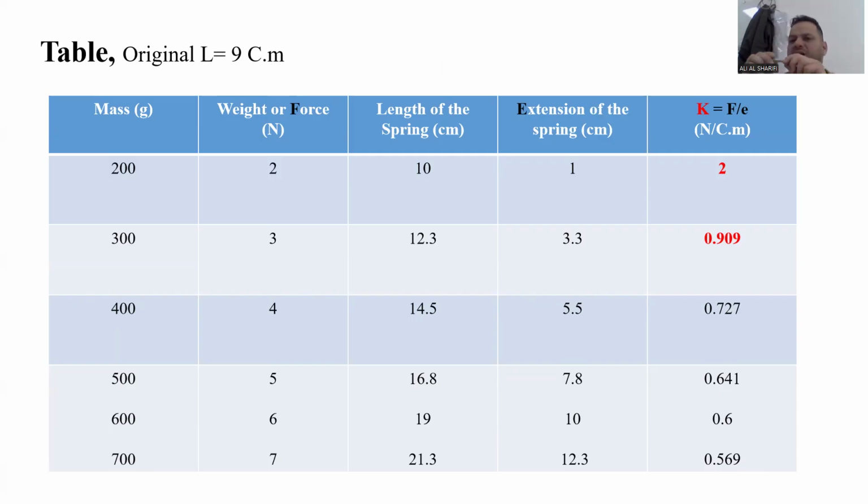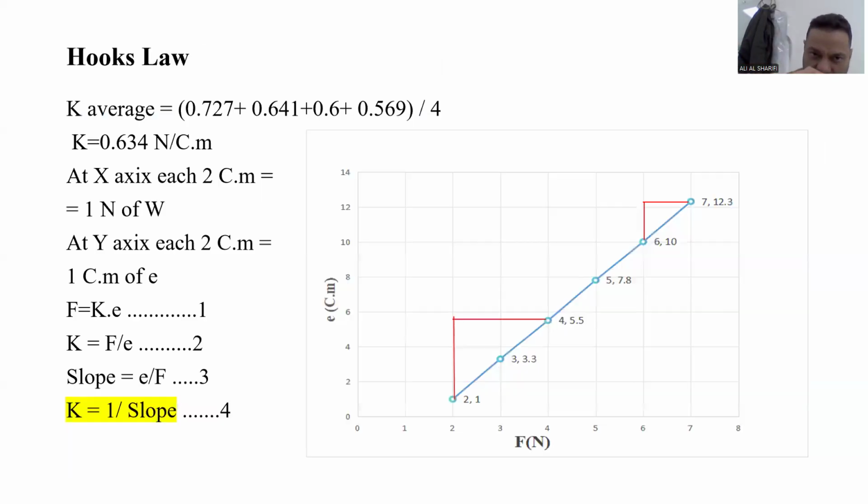According to this spring, it approximately has a K constant equal to half a newton per centimeter, according to the cross area of the spring. That means to make a displacement of 1 centimeter, we need half a newton. After that, I take the K average to minimize mistakes as much as possible.